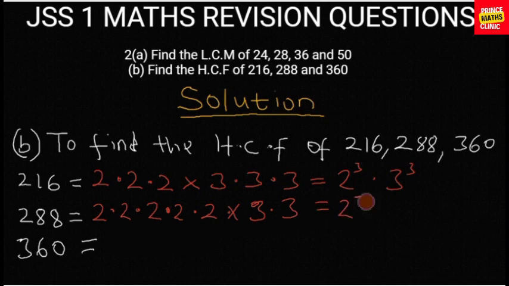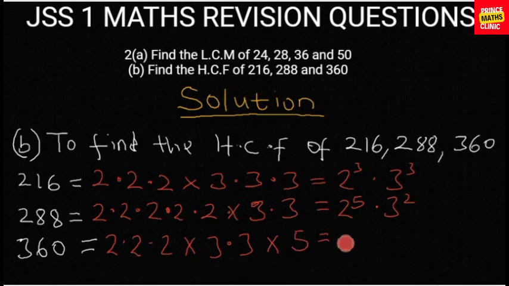So 2 to the power of 5 multiplied by 3 here is in 2 places. 3 to the power of 2. 360 here is simply 2 times 2 times 2, which is 8. Then 3 times 3, which is 9. Then times 5. So in this instance, 2 here appears 3 times, and 3 here appears 2 times. Then 5 appears 1 time.